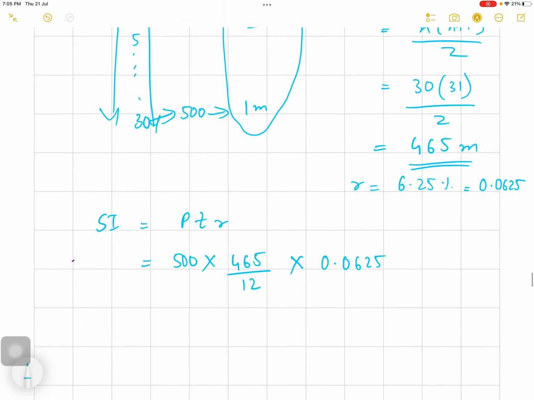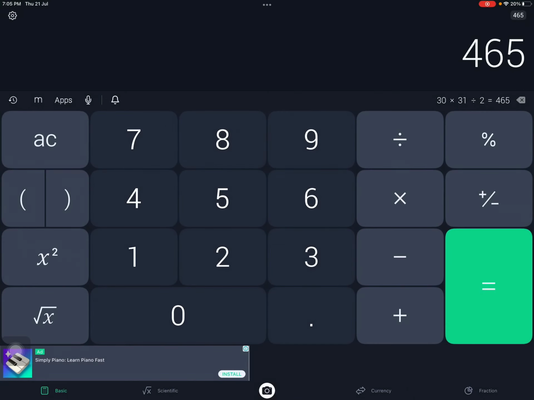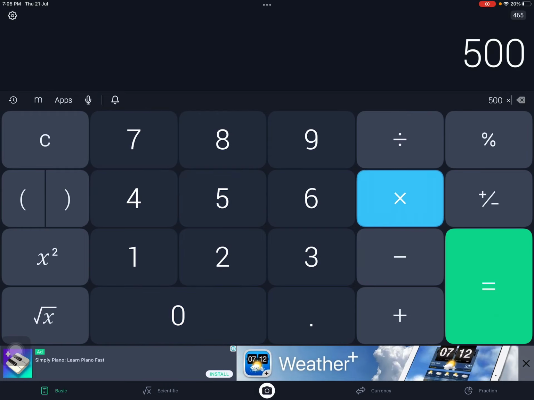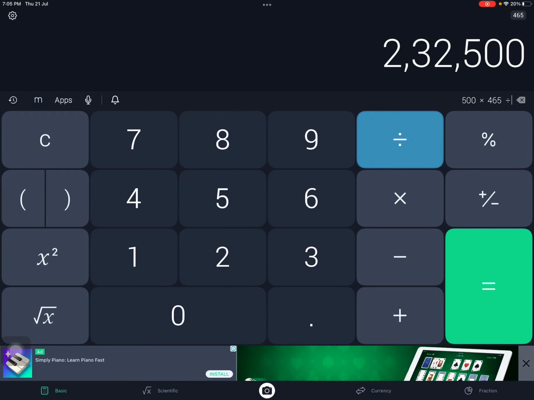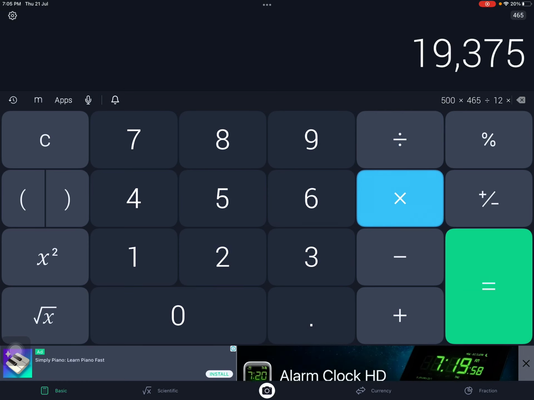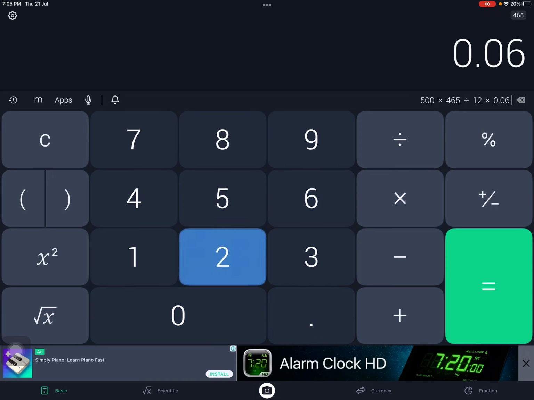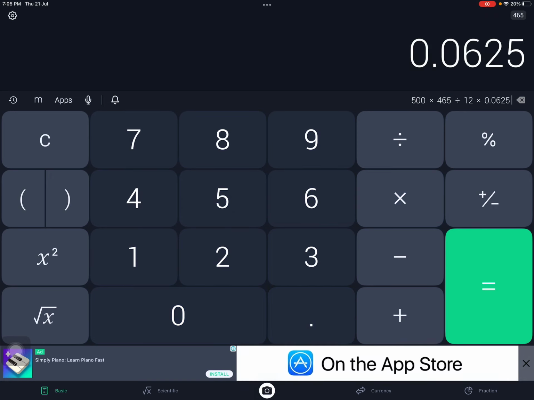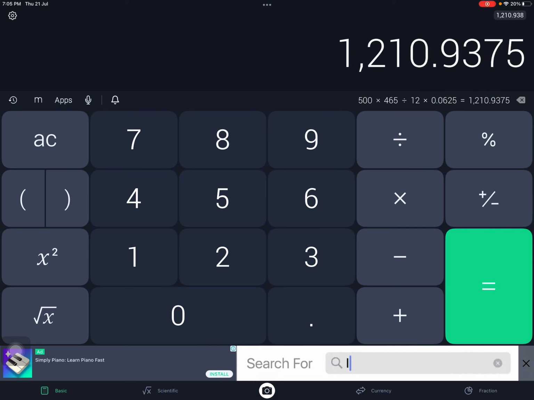So let us see how much total interest he will receive. 500 into 465 divided by 12 into 0.0625. It comes to 1210.94.